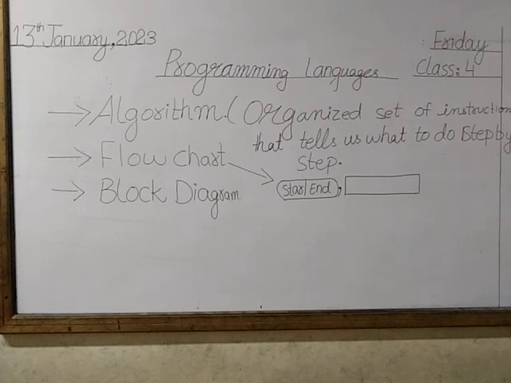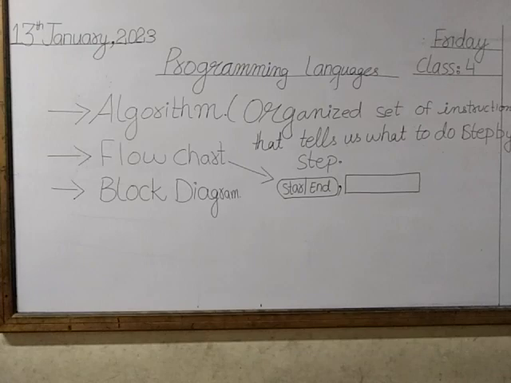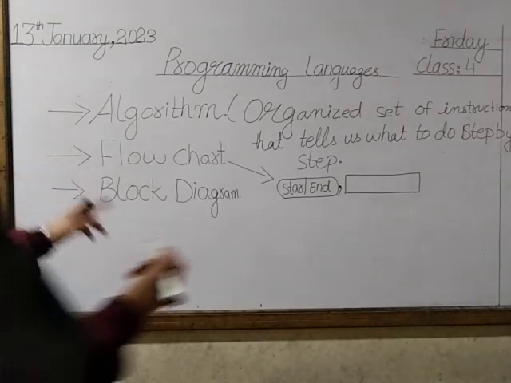Basically, we draw a flowchart to find the error in the algorithm. If we have any error in algorithm, we are going to draw the flowchart of this algorithm. So the words we use for flowchart are visual representation of data.